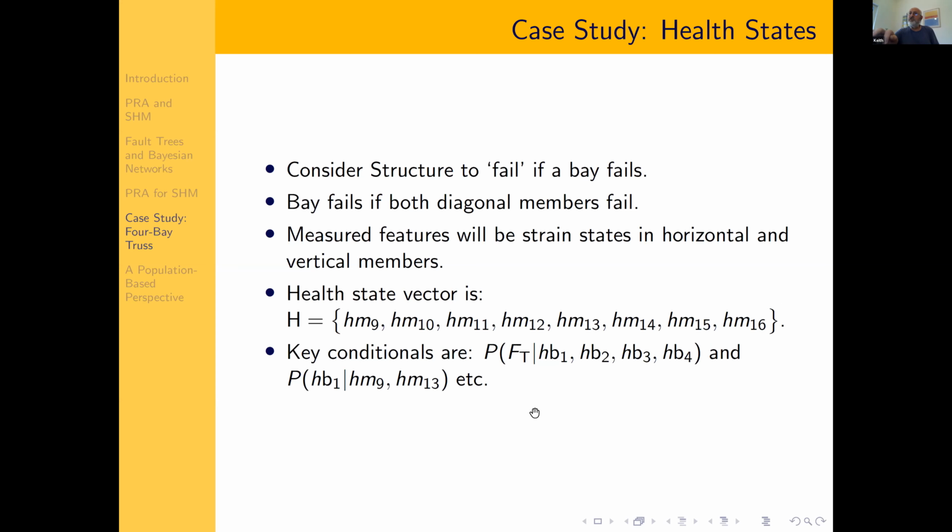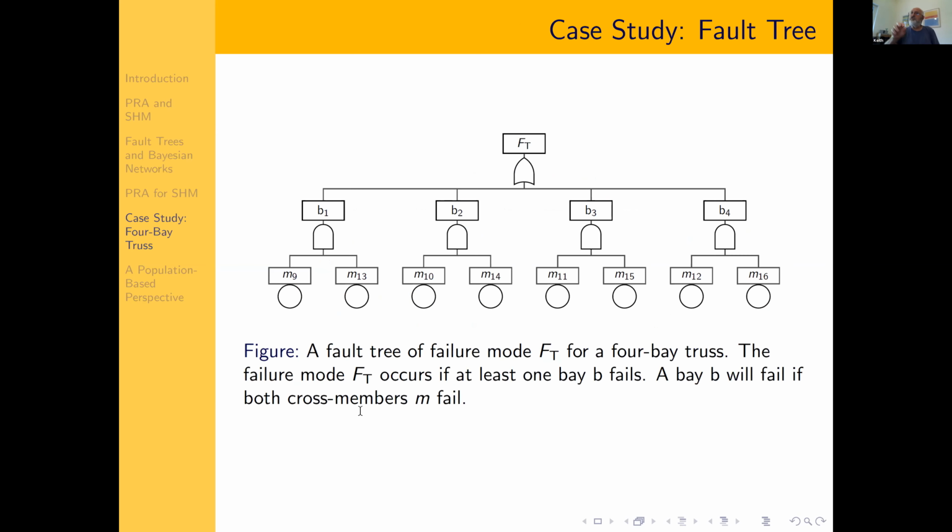And the important conditionals are how the failure state of the whole structure depends on what is happening in the bays, the health states in the bays. And the health states in the bays depend on the diagonal members in the bays. So these are all built into a fault tree that looks like this.